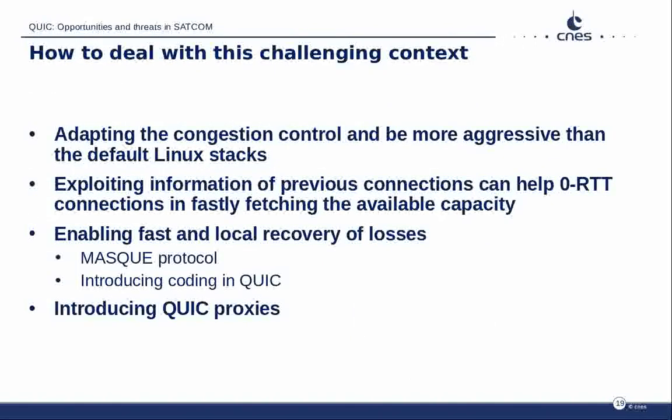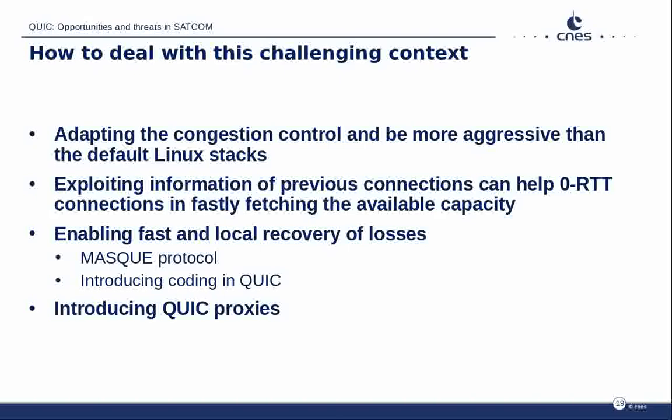We have shown here some cases where it is very complicated for QUIC to have good performance in SATCOM access. Here we discuss some ways we could improve it. One thing that could be done is to adapt the congestion control and be more aggressive than what we have in the default Linux stacks.